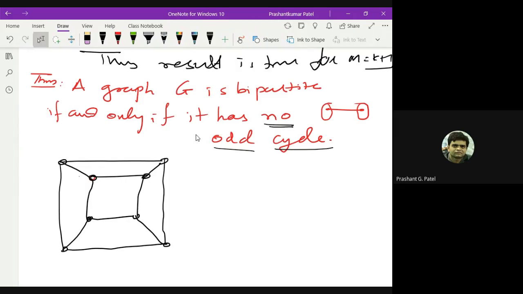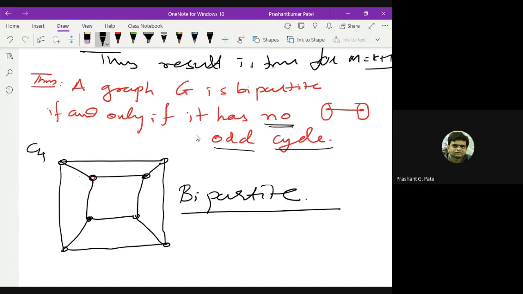All the cycles which are possible here are of C4 type. So there is no odd cycle in this graph, and that's why this graph is a bipartite graph.